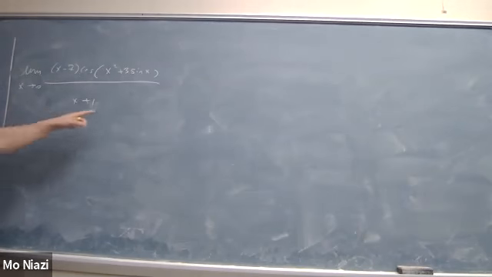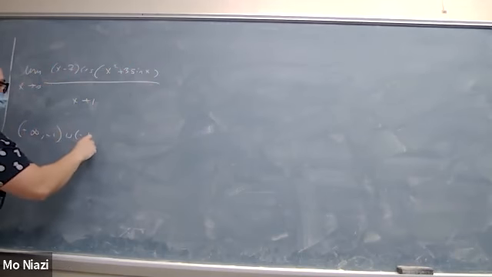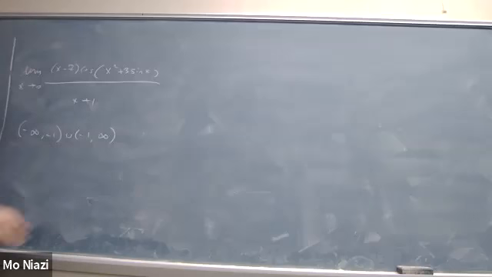This function is not continuous at negative 1. But it is continuous on this interval. On this domain, is it continuous? Okay, it's continuous on that domain. So that means if I approach the limit as x approaches 0, we should be fine, right?